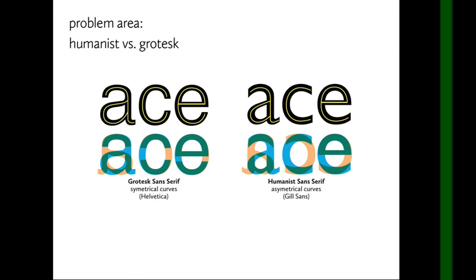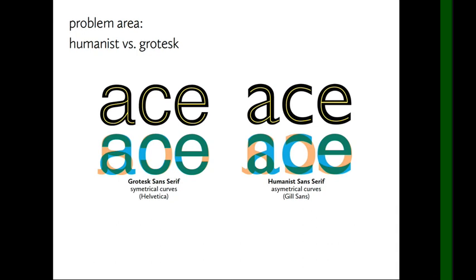You'll notice in the grotesque that most of the curves line up from left to right. The right reading and the mirror image are the same, and that is because the left and right hand sides of our grotesque typeface are symmetrical.